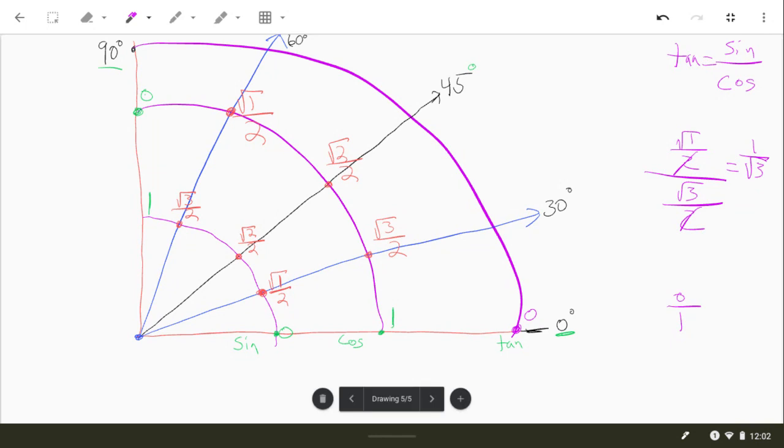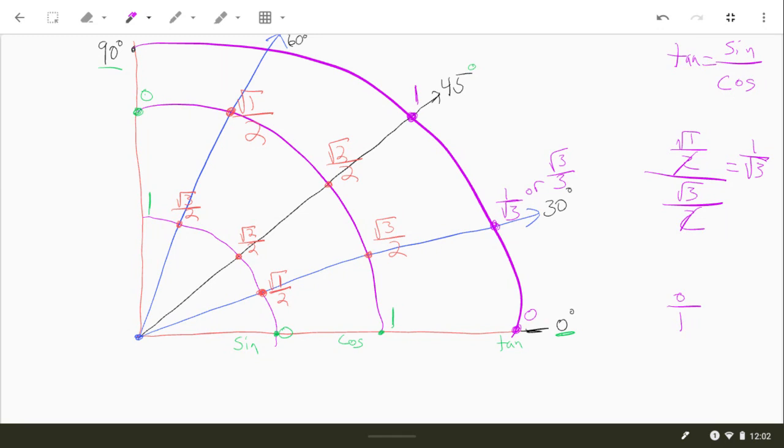So this is going to give us 1 over root 3, or root 3 over 3. And then for tangent of 45, sine and cosine are equal to each other, so tangent of 45 is just 1 because you get the same thing on top of each other.